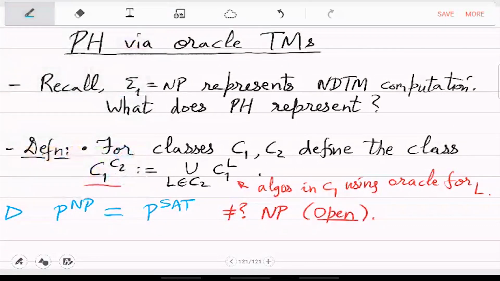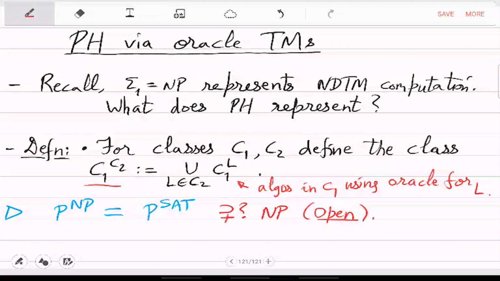So intuitively, P raised to NP should be bigger than NP. It certainly contains NP, because if you can solve SAT via oracle, then you can also solve any problem in NP, because SAT is NP hard. But we don't know whether it is strictly bigger. Right?